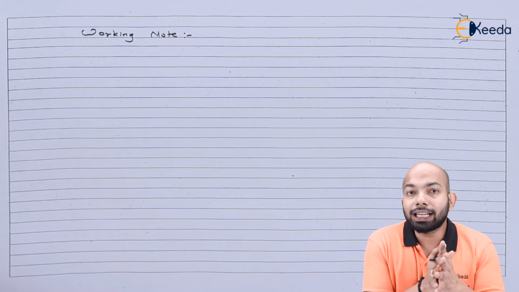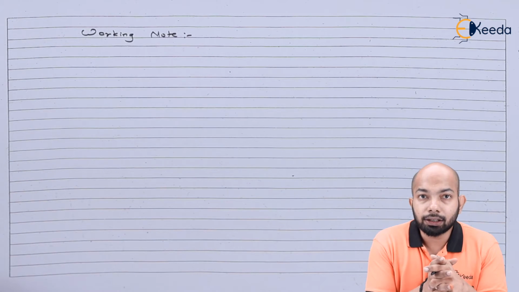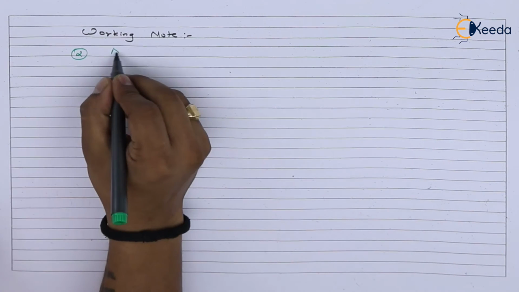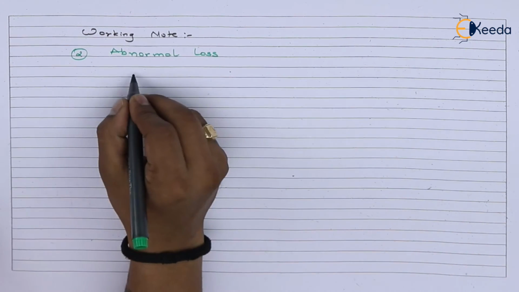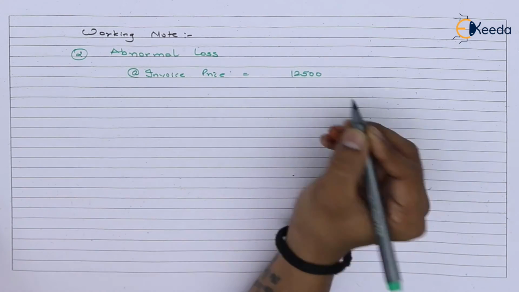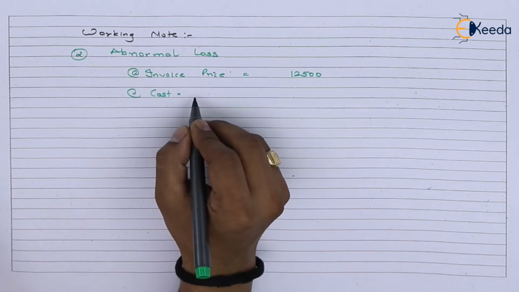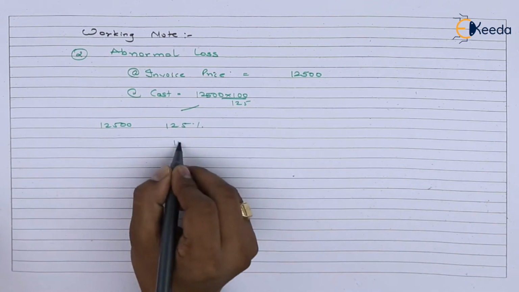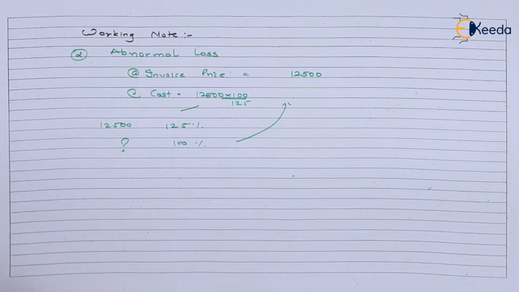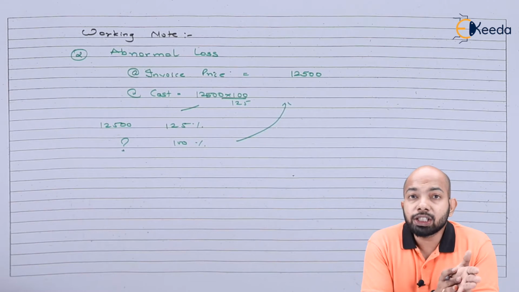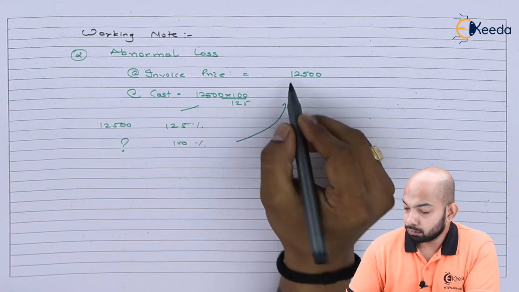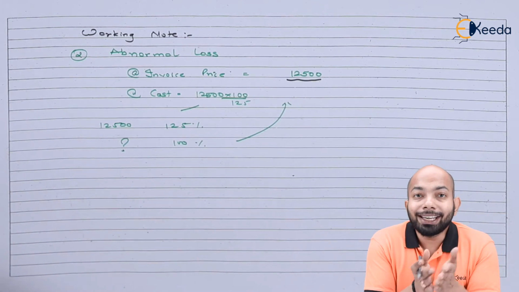The next working note is the abnormal loss calculation, that is the 10% abnormal loss that has happened. The abnormal loss at invoice price is 12,500, which was already mentioned in the question. What will it be at cost?